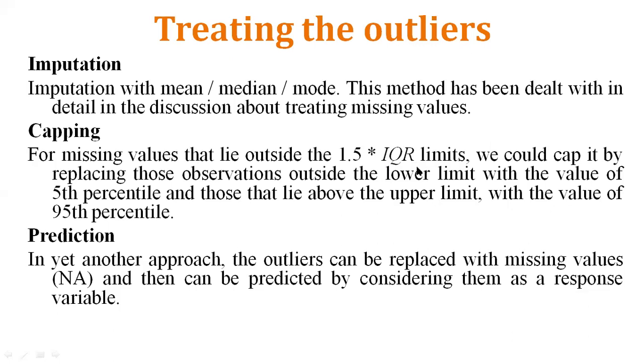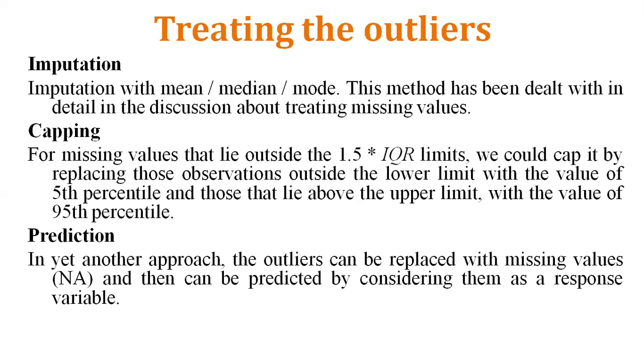IQR is an abbreviation for interquartile range, a terminology we use for the box plot. Any value which lies outside this calculation, 1.5 into IQR, we can cap by replacing it. That value is considered as a missing value, and we can replace any value below the lower limit with the value of the 50th percentile or 95th percentile. This can be understood if you understand the box plot well.